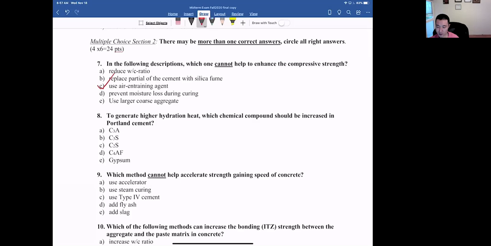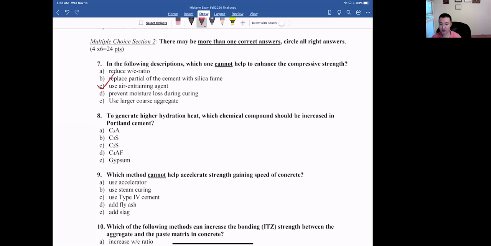D, prevent moisture loss during curing. The longer the moisture curing, we have a higher degree of hydration, we have more hydration product, so we have higher strength. So D is not right. Questions, right? Okay. E, use larger coarse aggregate.